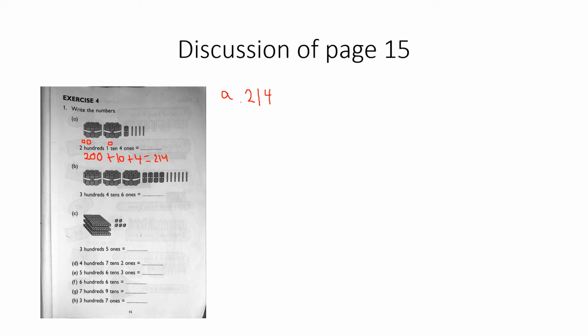Let's see, we have letter B. In letter B, we have 300s, 4 tens, and 6 ones. So that would be 346. And you could do exactly the same thing here. So you have 300s, just add 2 zeros, plus 4.